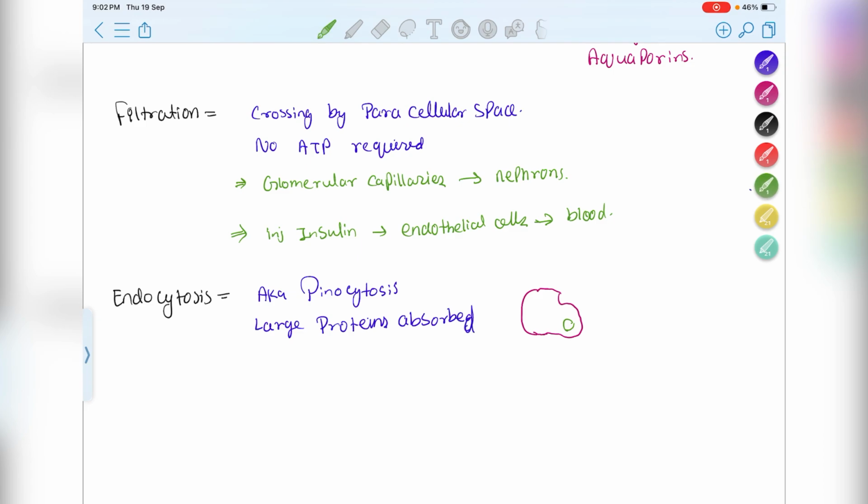For example, vitamin B12. Another example, botulinum toxin. This is a toxin produced by bacteria and it is seen in food poisoning. It is also like endocytosis.